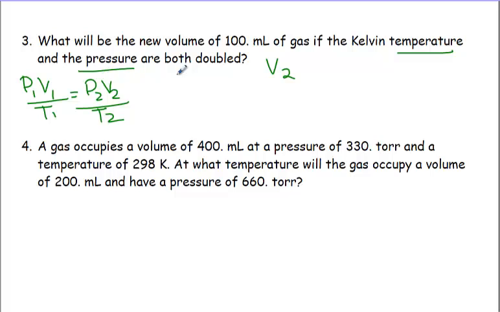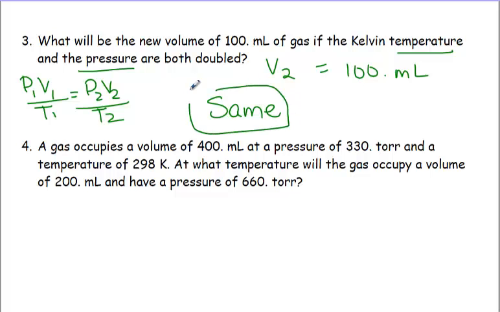If you punch in all of this and we just give a theoretical number, anytime we double the pressure and the temperature, the volume is actually going to remain the same. It always stays the same when we double temperature and pressure. If you think about it, temperature and pressure are both doubled, so that cancels out, and the volume has to be equal.